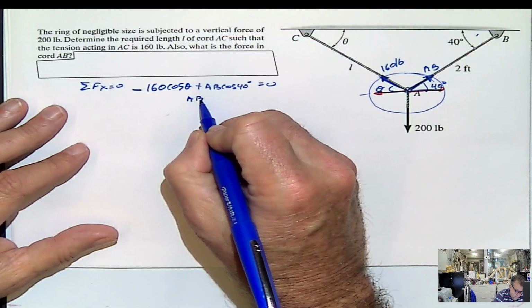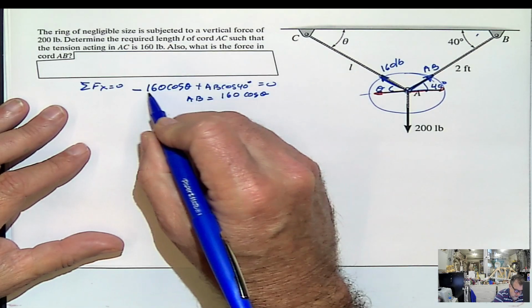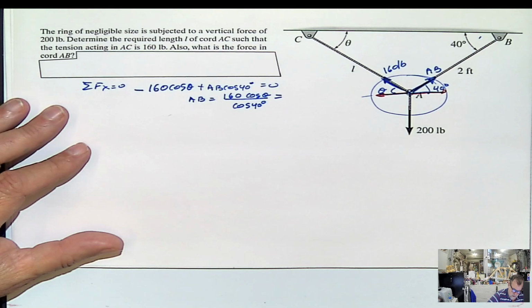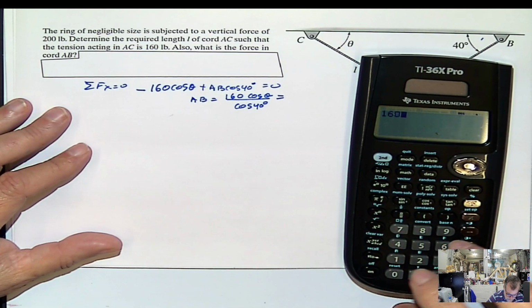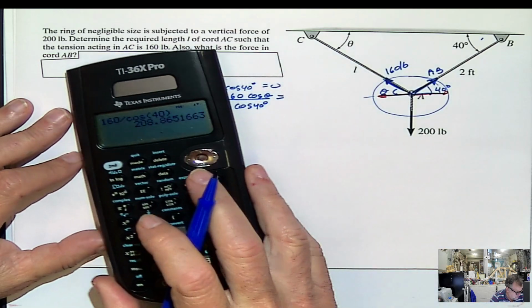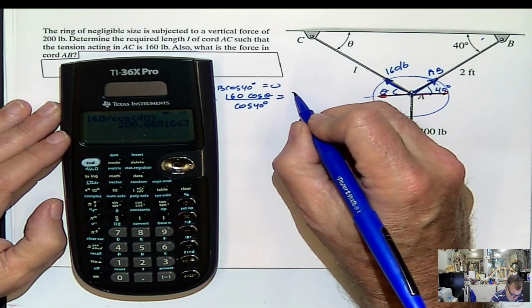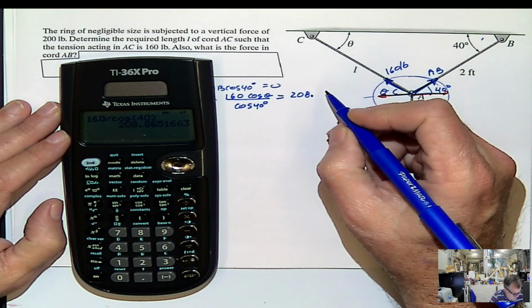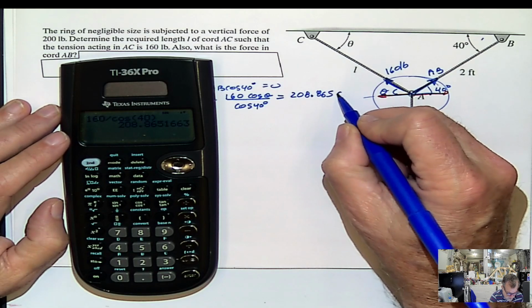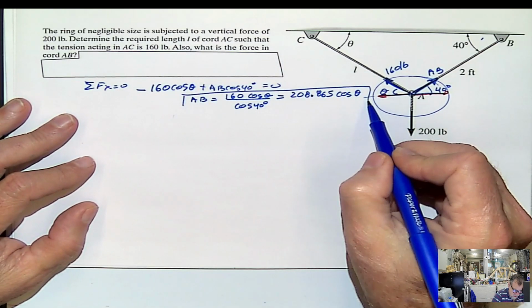So AB is equal to 160 cosine of the angle divided by cosine of 40, or AB will be 160 divided by cosine of 40 degrees, that will be 208.865 cosine of theta. So that would be, let's say, my first equation.